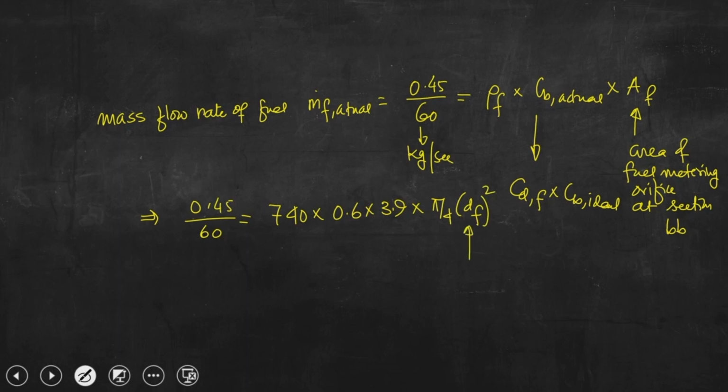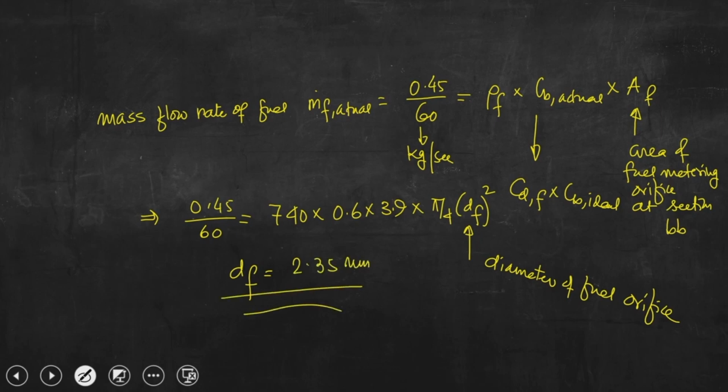So, this df is the diameter of the fuel orifice. So, this is again straightforward. If we calculate, df is coming 2.35 millimeter. So, this is the last answer.